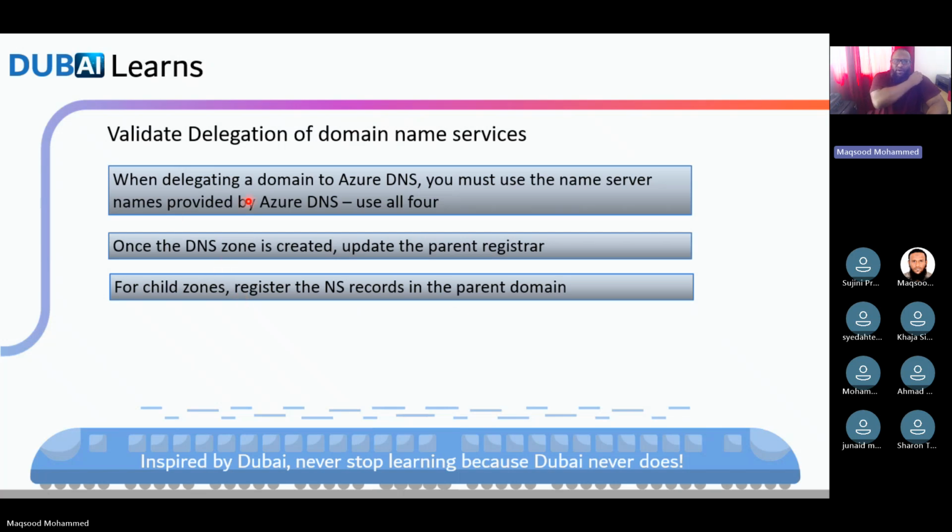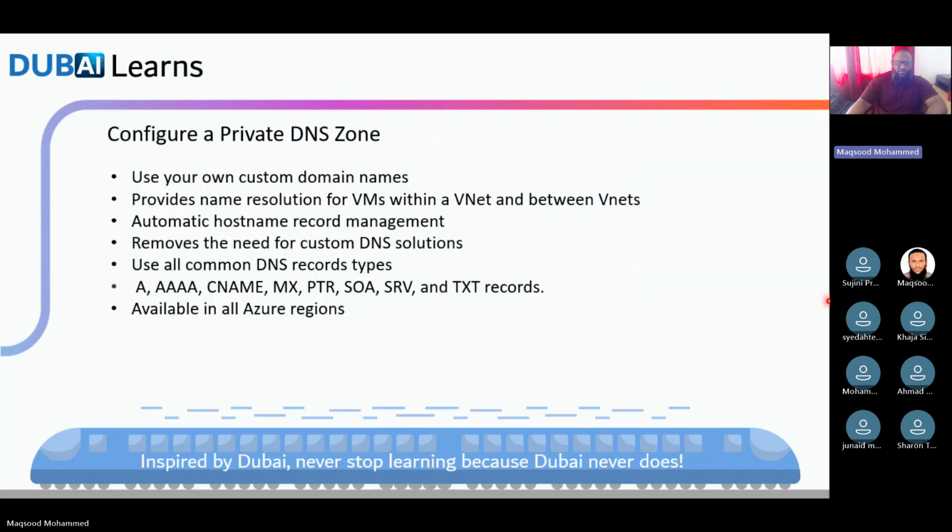We'll see when this is required. When you go with a third party DNS service, when you're buying a domain name from someone else, and you still continue to keep your DNS configuration with the service provider, then in that case we have some options for delegation of domain name service. We'll see that later in the practicals where it is used.